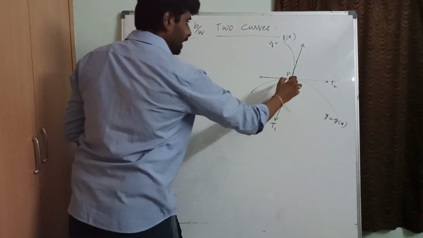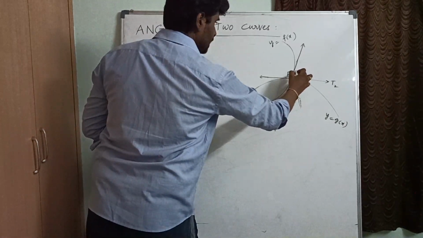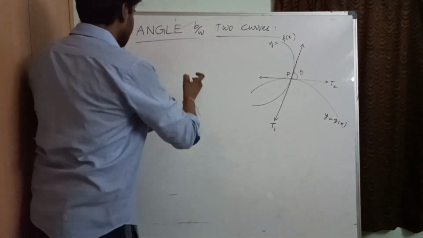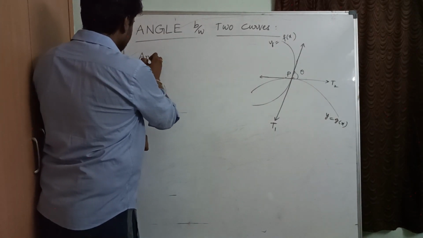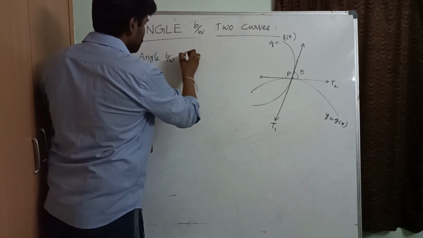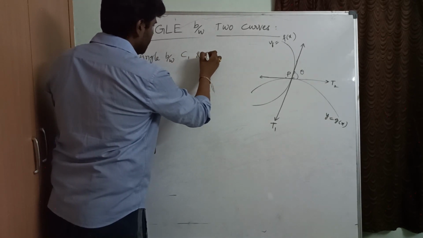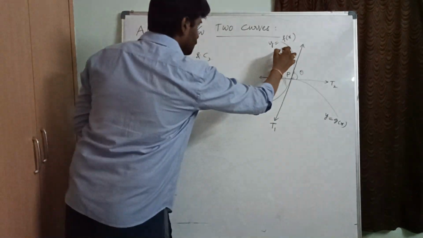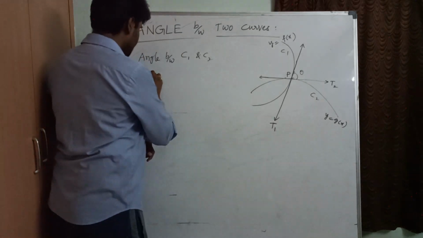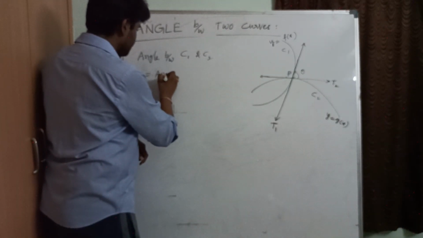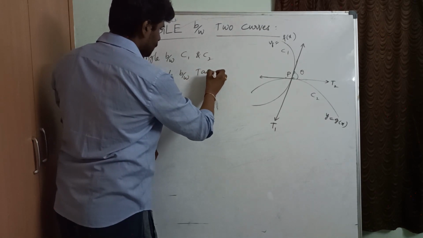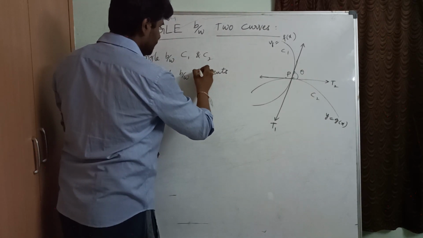Now the angle between those is what we generally call the angle between two curves. So the angle between curve 1 and curve 2, where this is curve 1 and this is curve 2, is the angle between tangents. What are those tangents here?